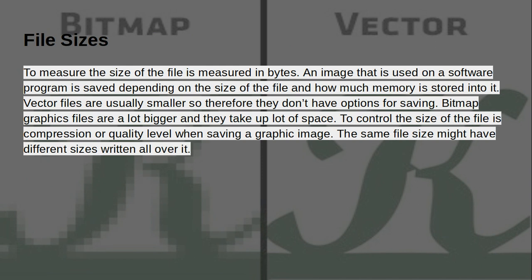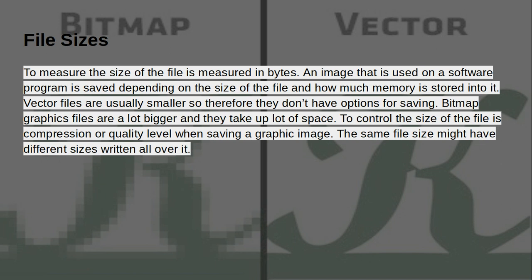File size is measured in bytes. An image that is used in a software program is saved depending on the size of the file and how much memory is stored in it. So the more memory there is, the more data you can save in the files you can store.